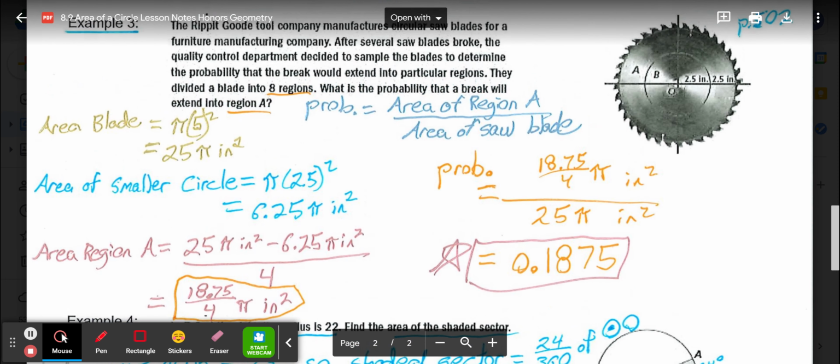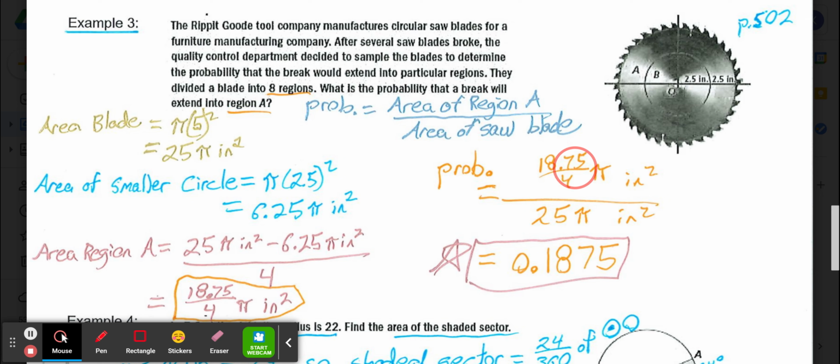So our probability, area of region A goes on top, 18.75 over 4 times pi, and the area of the whole blade is on bottom, 25 pi. So now in this case, the pi on top and bottom would cancel. So on top, we need to do 18.75 divided by 4, and then whatever number that is divided by 25 to get our probability.